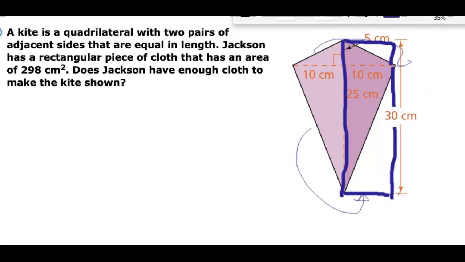And your length will be 10. So it looks like you have 30 times 10 gives you 300.